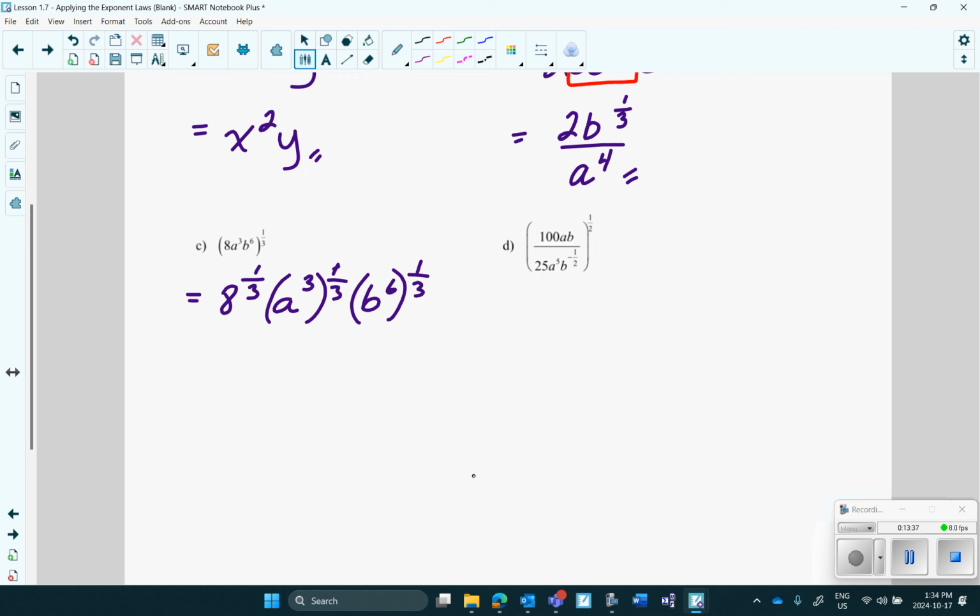Perhaps the trickiest part of this question is the very first part. What is 8 to the 1/3? How'd you get that?